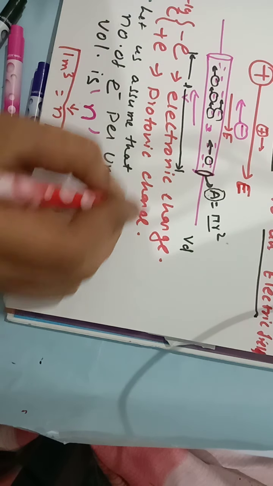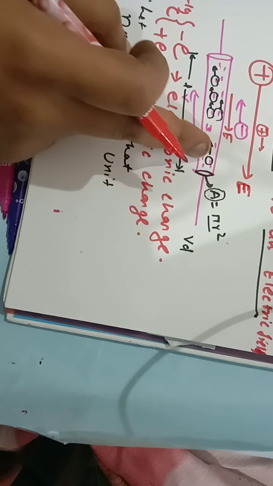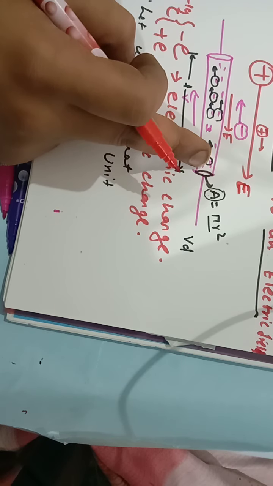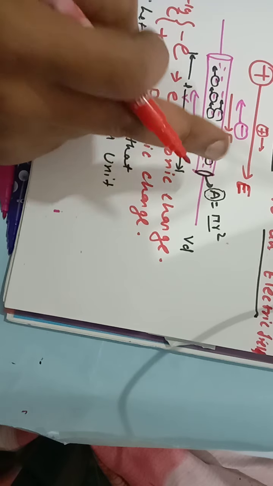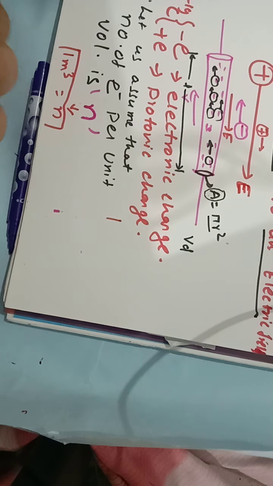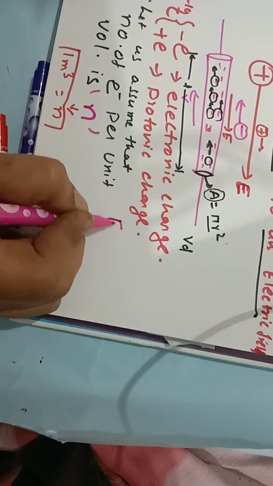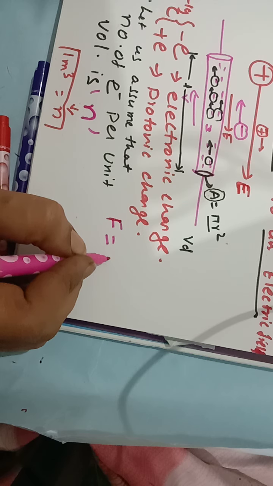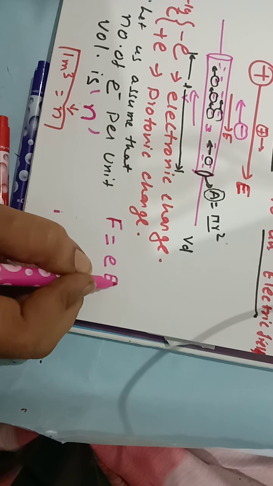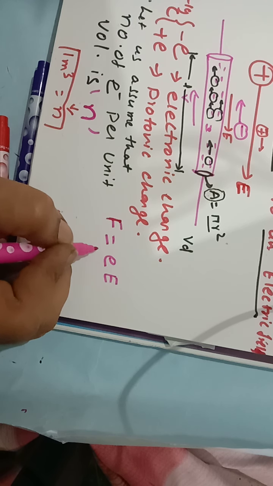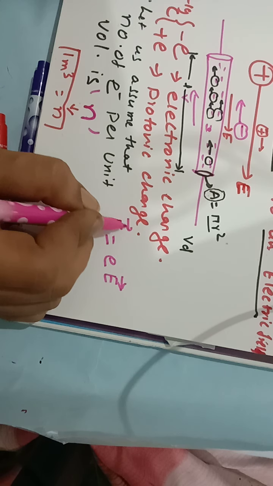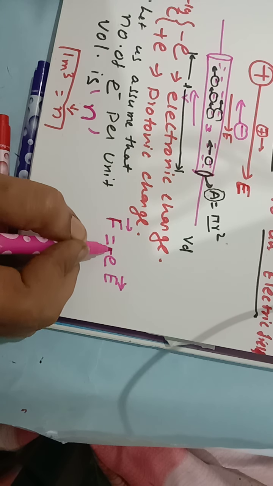If I want to calculate the amount of force each electron is facing, I can say force is equal to one electronic charge into the electric field applied on that charge. If the electric field is in this direction, the force for an electron will be in the opposite direction.